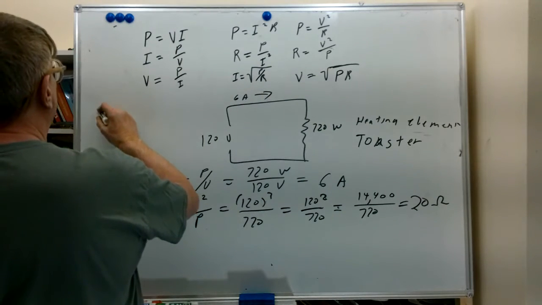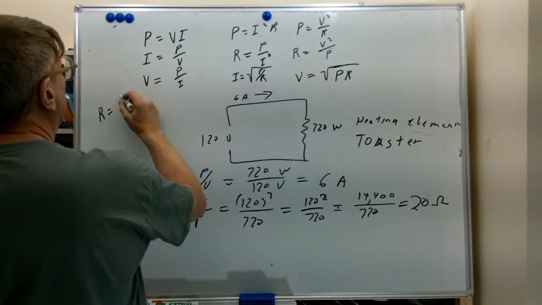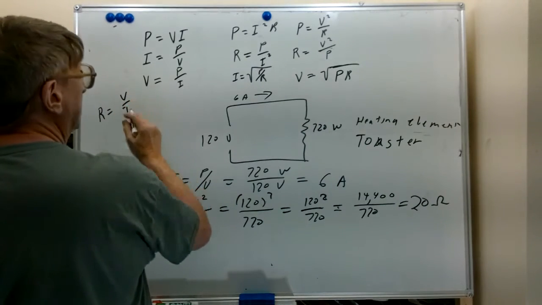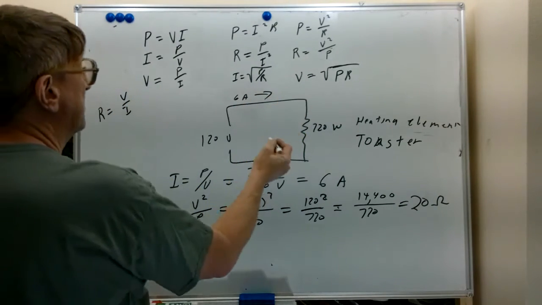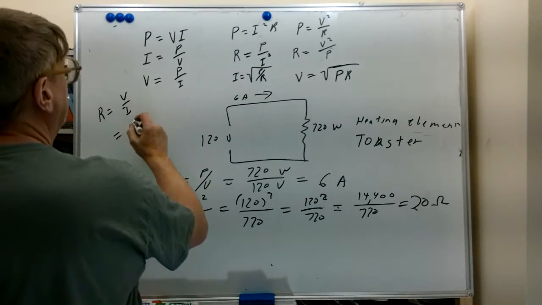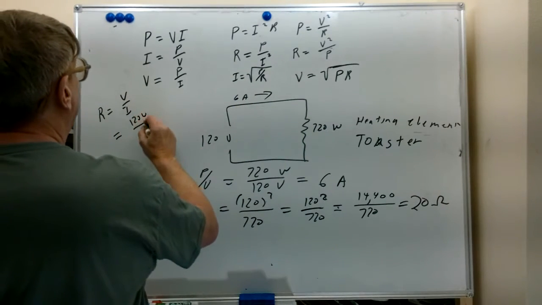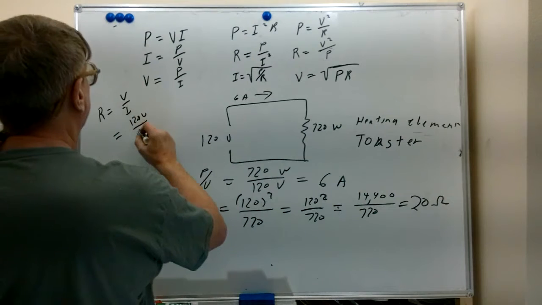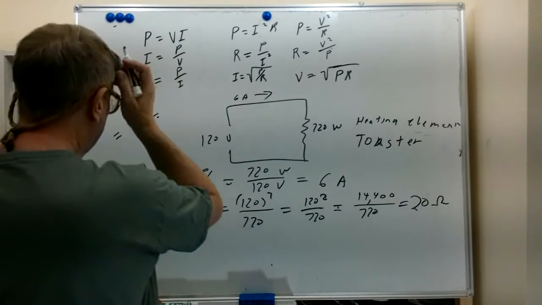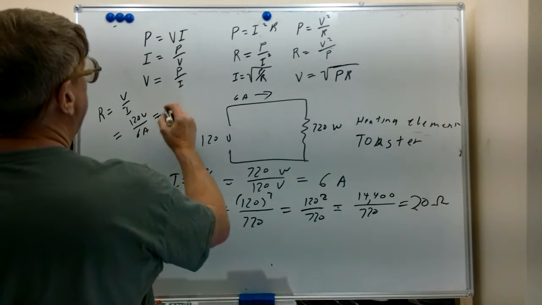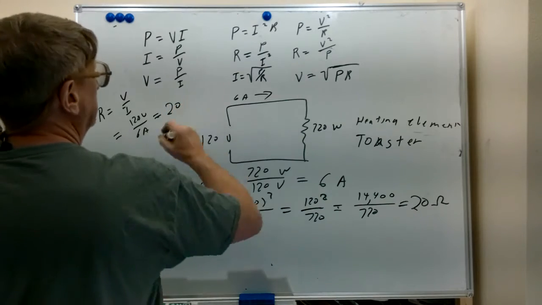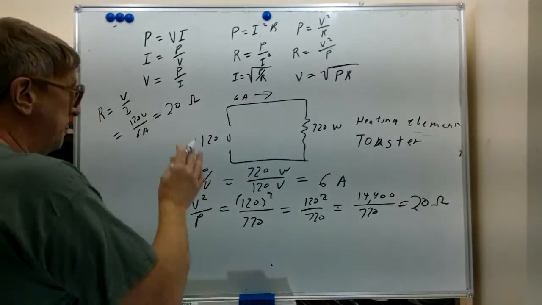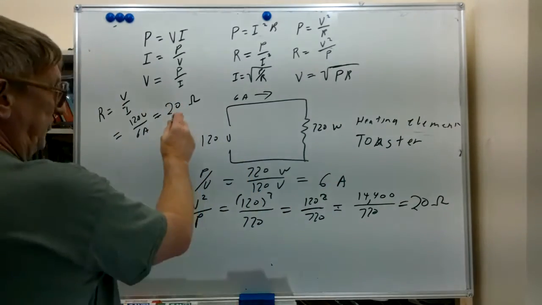Remember that resistance is equal to voltage divided by current. Using this calculated current and the given voltage, we have a voltage of 120 volts and the calculated current was 6 amps. When we do the math, it comes out to 20 ohms. So either approach gave us the same resistance.